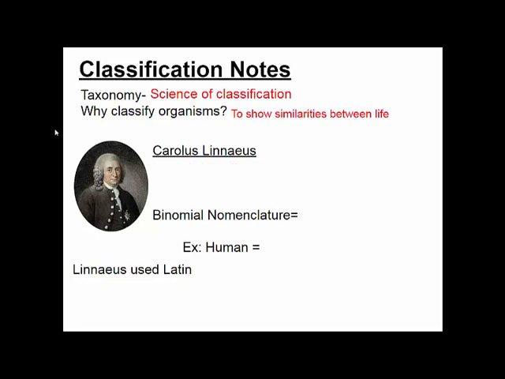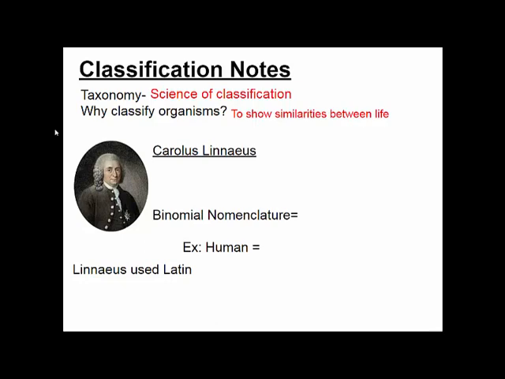Humans always have classified things, grouped things, to help make sense of them. The science of taxonomy has been around for a long time. One of the scientists that we associate most with taxonomy is this gentleman.